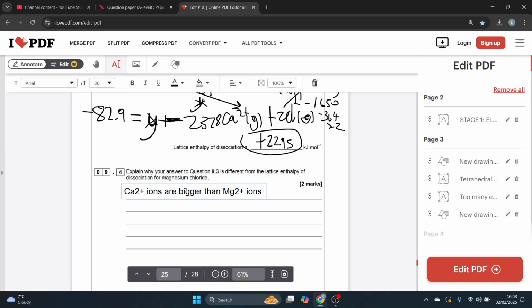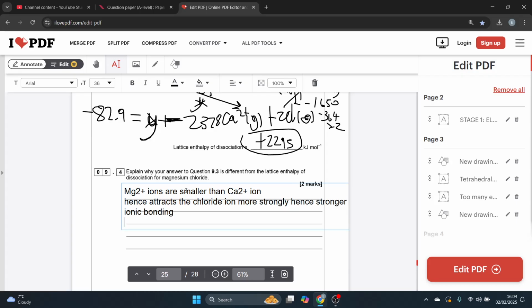But I want to know why it's different from the rest. Oh, I say actually, in this case, Mg2+ ions are smaller than Ca2+ ions, hence attracts the chloride ion more strongly, hence stronger ionic bonding.